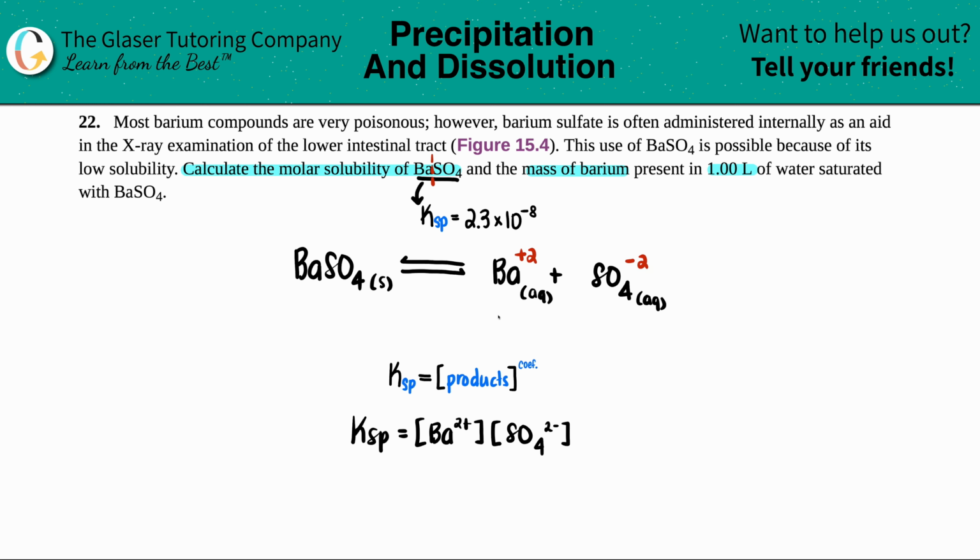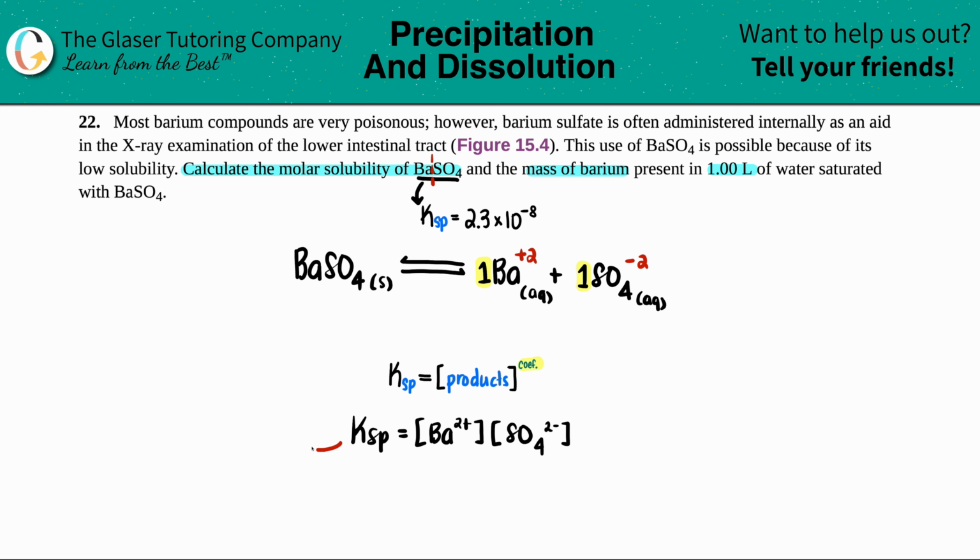Now, just for practice, remember, it's always raised to the coefficients. But for both of these, I don't see any coefficients, which just means that there was one of each. So you could raise these both to the first, but that's the same as just not having it. So it's easier this way.